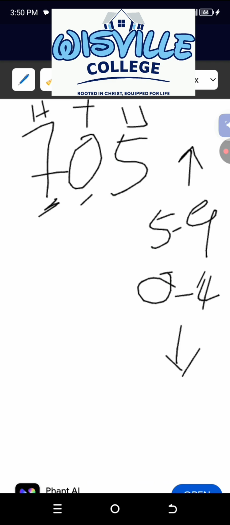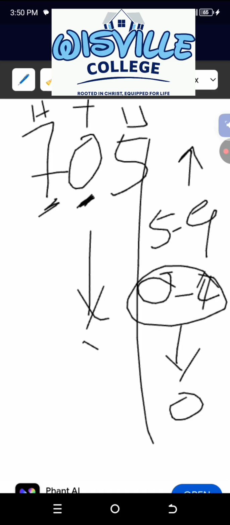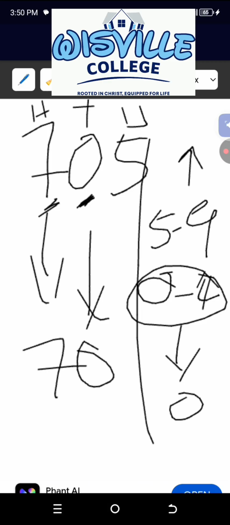You round it down to 0. Every other number they become 0. So what are you supposed to do in this case now? We have 705. So since this number, which is behind the point of interest, is between 0 and 4, what should I do? It means automatically it becomes what? 0. So this one remain the way it was.